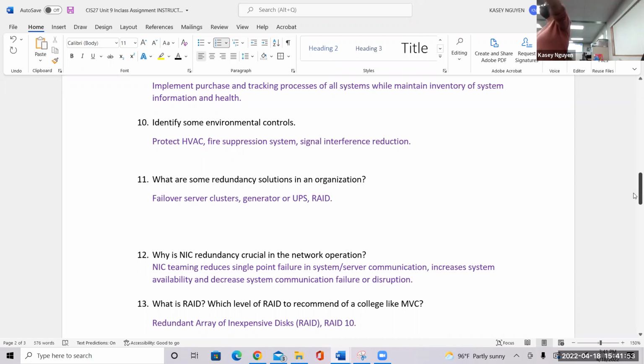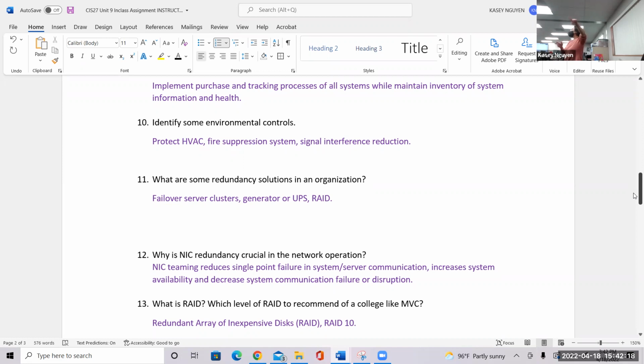Now, if we're doing NIC teaming, we are adding redundancy to your server communication, right? Because the network interface card is connected to the essential system. Unlike your PC, a server has multiple slots for network interface cards. A basic server would have at least 2 network interface cards. We can use them for in and out, right? For example, if I have a web server, I need to make sure that I can handle all the traffic going into it.